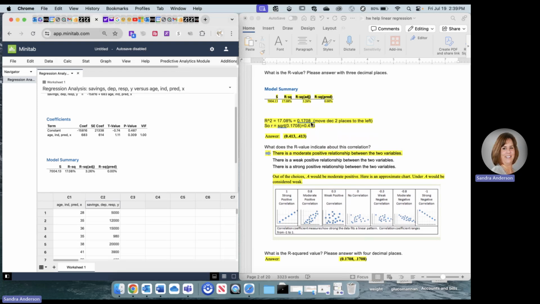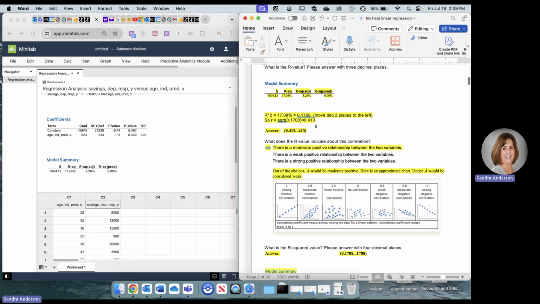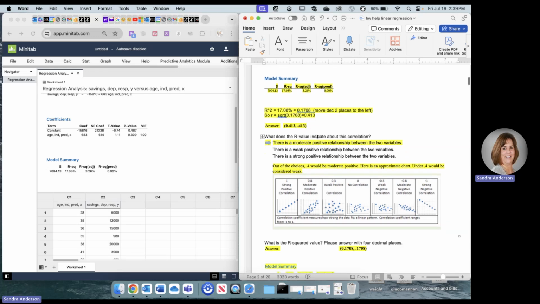That's 0.1708. And since that's R squared, the way that you undo R squared is to take the square root of it. So we're going to take the square root of 0.1708, and you should get 413 thousandths, or 0.413. What does that value indicate?